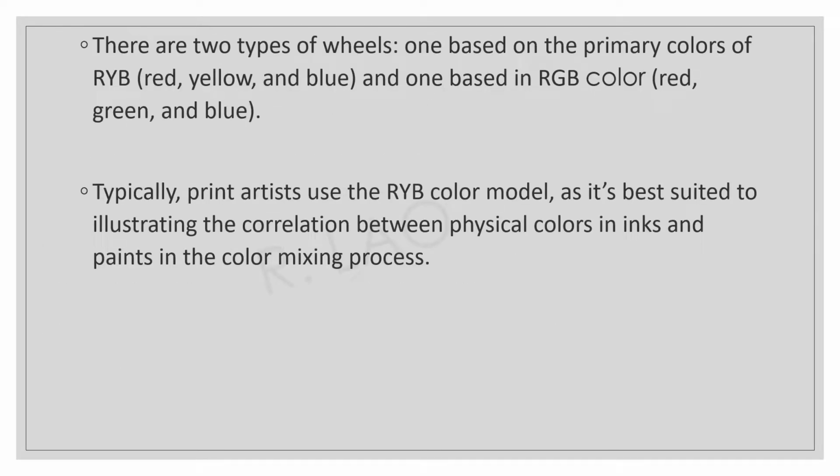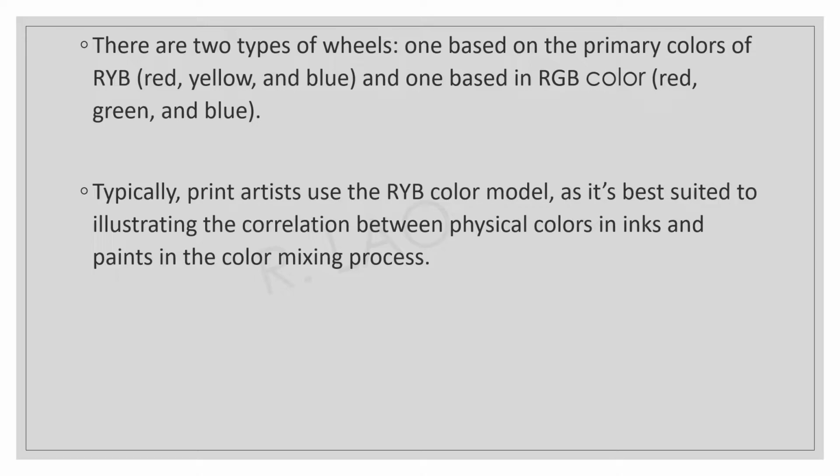So, there are two types of color wheels. One based on the primary colors of red, yellow, and blue, and the other one is the RGB, red, green, and blue.